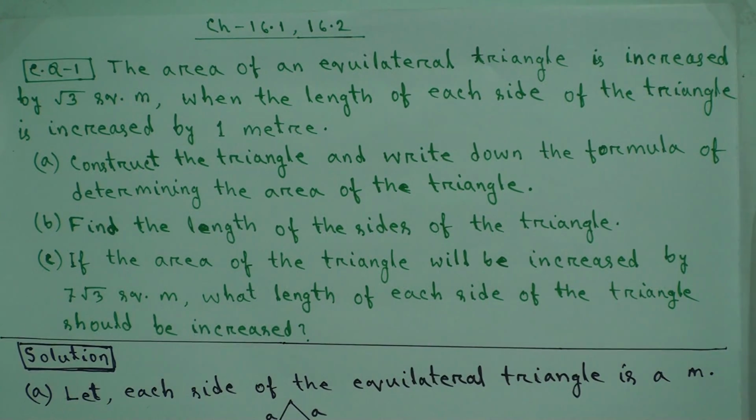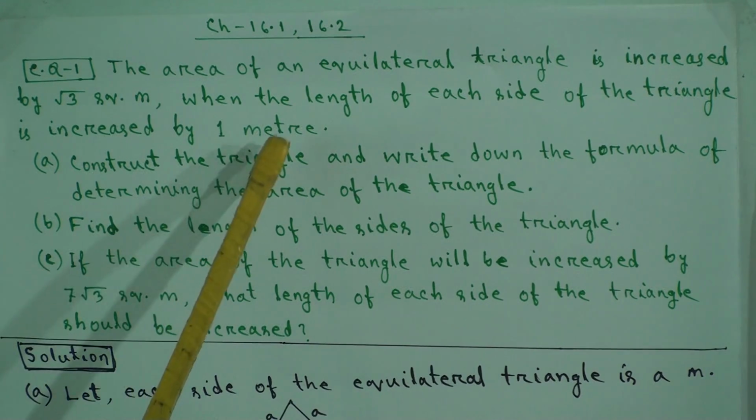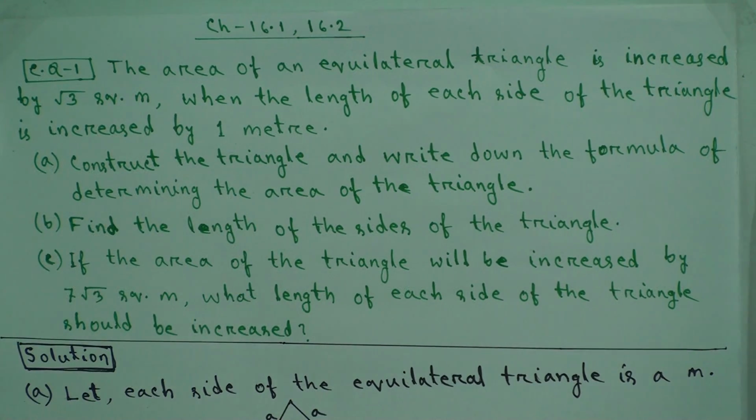Dear students, now we will solve A number question. We have to construct a triangle and write the formula for finding the area. Here in the stem it is mentioned that the triangle is an equilateral triangle. That means all of its sides will be equal.